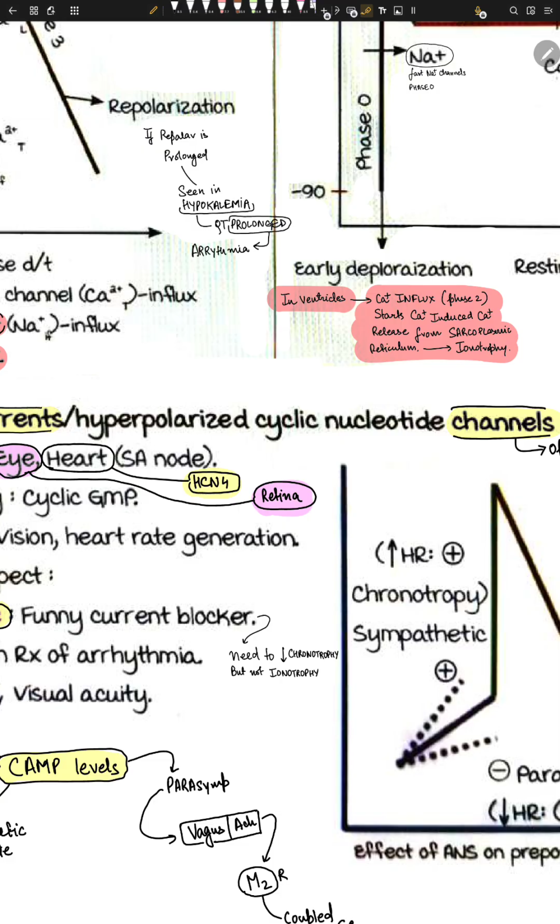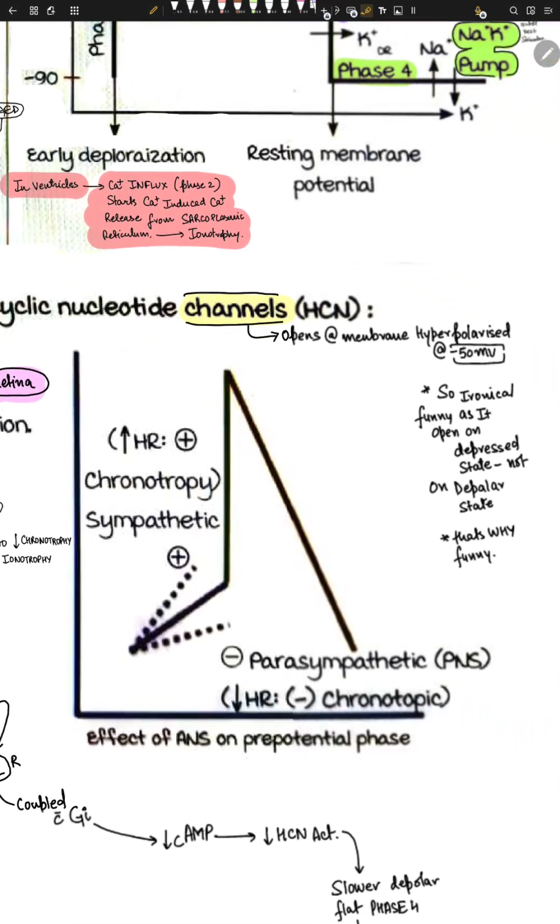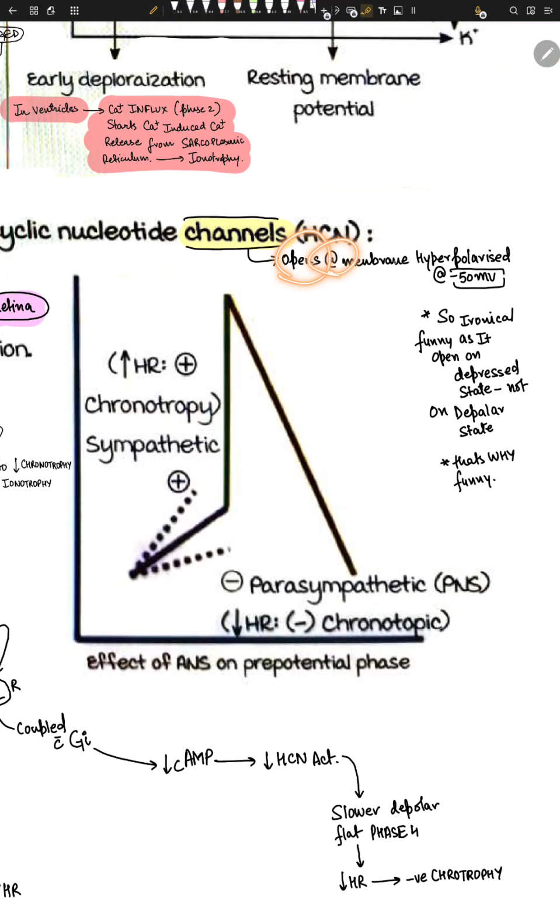And this is why they are called funny currents, right? Because they behave in an opposite way to most other channels. So they open when hyperpolarized, around minus 60 or minus 50. It's ironical, it's funny, because they open in a depressed state, not in a depolarized state.